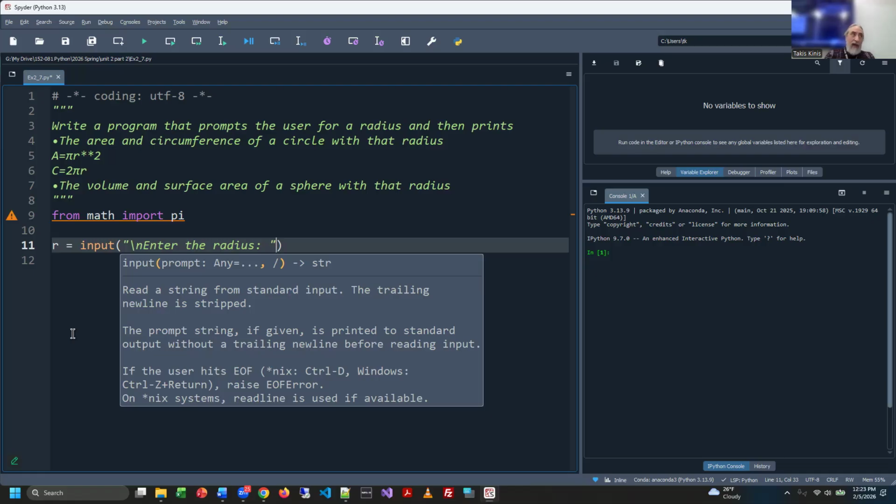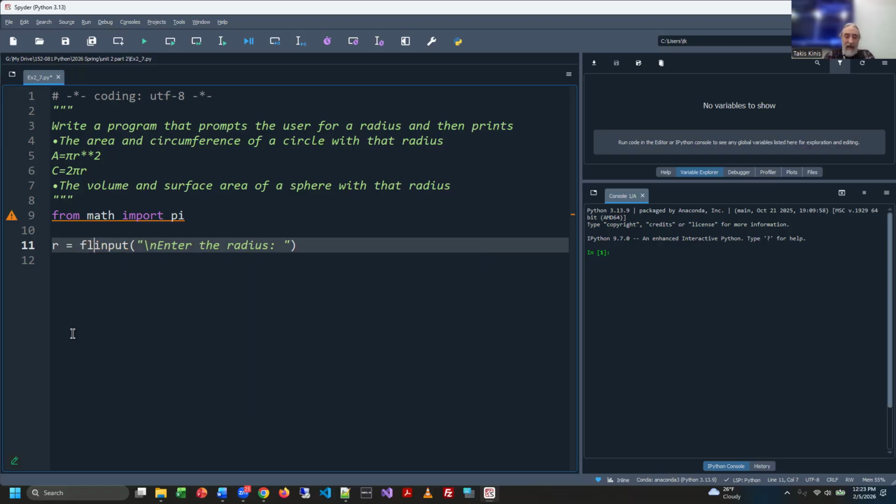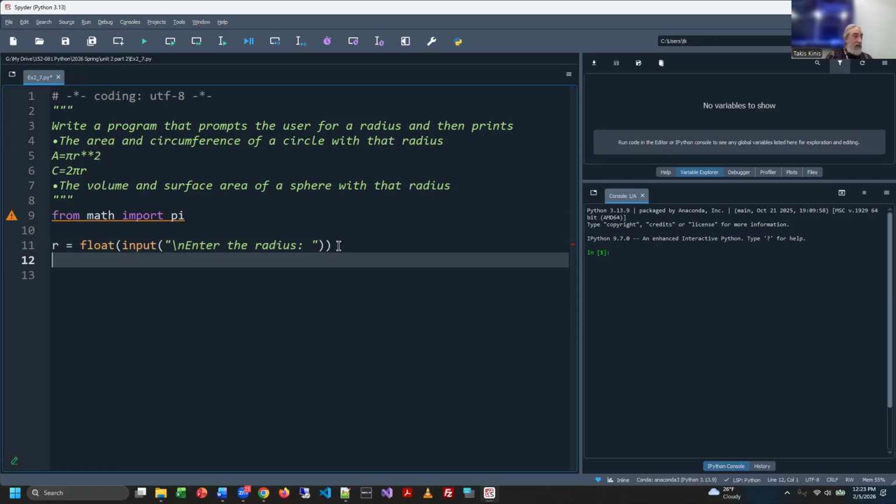And then we know we're going to do math with this. Also, we know we're going to multiply against or divide with pi. And pi is an infinite number of decimal places number. It probably makes sense to convert it to a floating point. So I'm going to wrap the float function around the input to convert the input from the user directly to a floating point number.